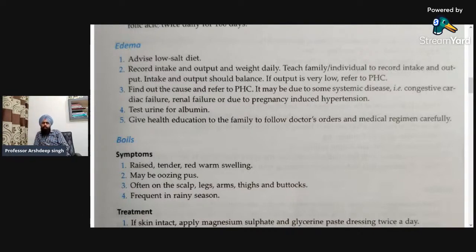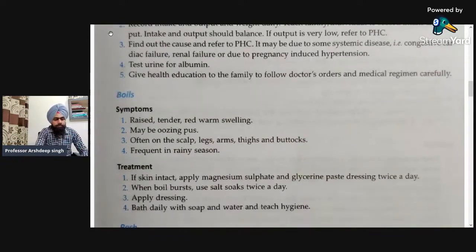So vital organs are connected, and there is edema in the body. Next is test urine for albumin. So we have to test the urine for albumin. And next, give health education to the family to follow doctor's orders and the medical regimen carefully. Next are the boils.